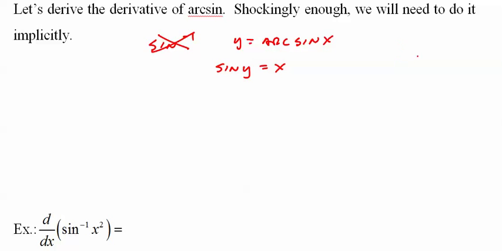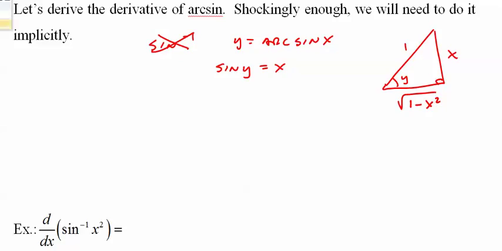And we draw a triangle for this problem. Sine of y, we'll put y here, equals x, that's opposite over hypotenuse, which looks a lot like it's 1. We do a little math, a squared plus b squared equals c squared. Back it out, we get 1 minus x squared.